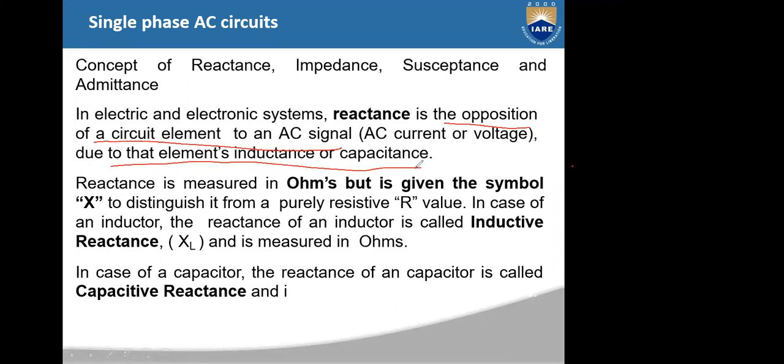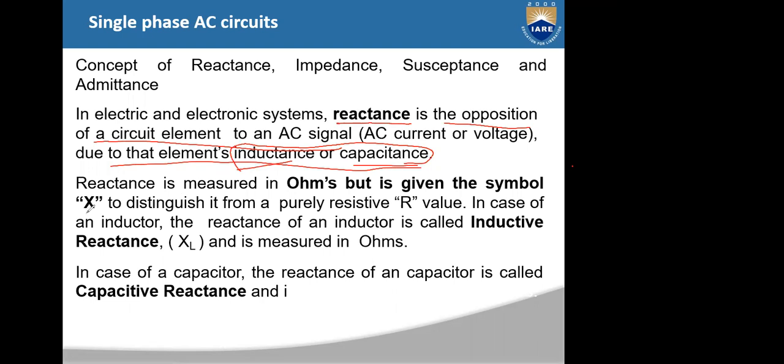What is resistance? Resistance: you can answer that. The opposition offered to the current flow because of the resistive element. Here, because of the inductive or capacitive element, opposition will be offered to the flow of AC current. So we are calling it a reactance.